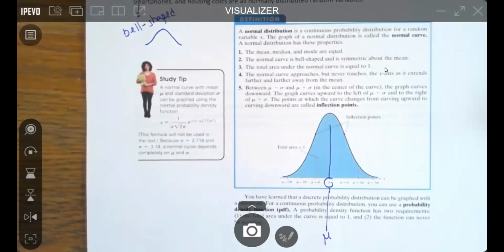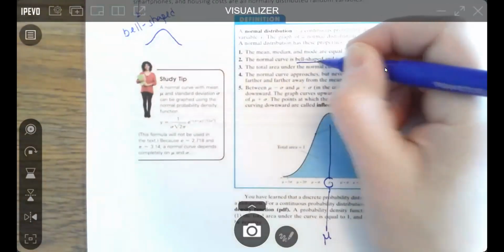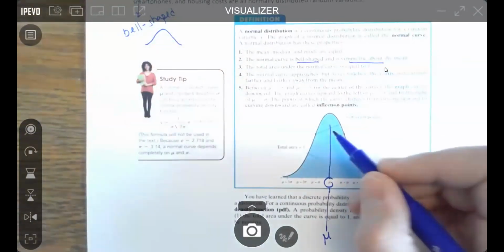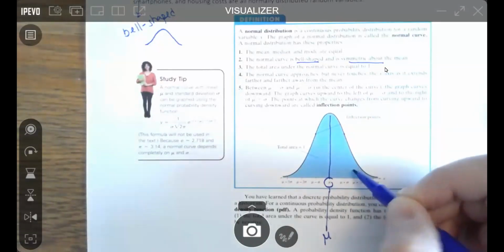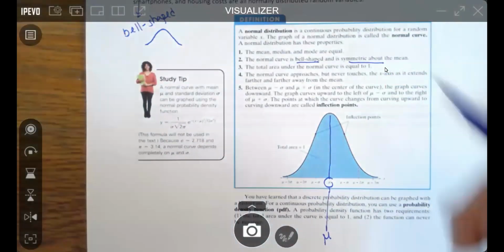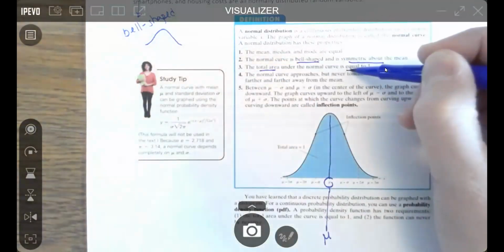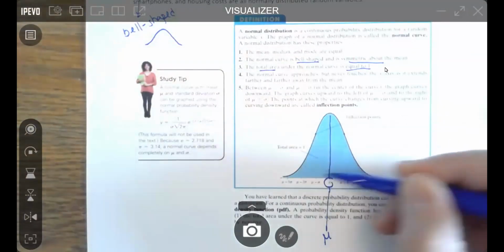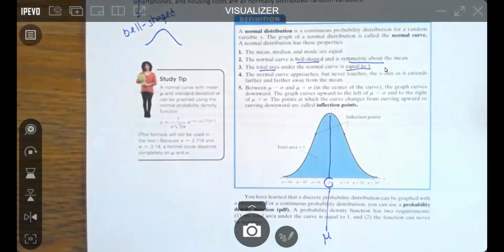The normal curve is bell-shaped, like I mentioned. It's also symmetric, which is really important, meaning the left side and the right side are identical. They're mirror images. The total area under the curve, so all of this area here that's shaded in, is equal to 1. Just like with a probability distribution from Chapter 4, in that case, we had the tables, and we were able to check by adding all the values to make sure we had 1.